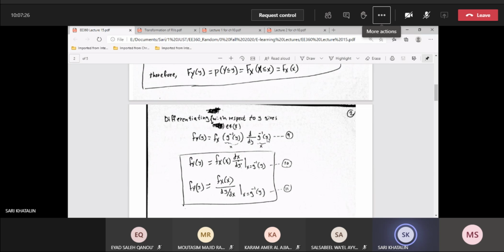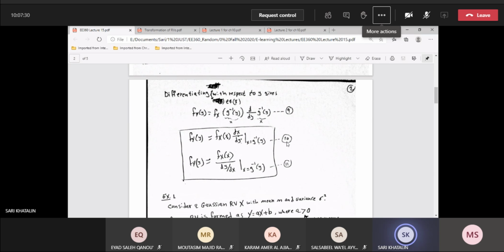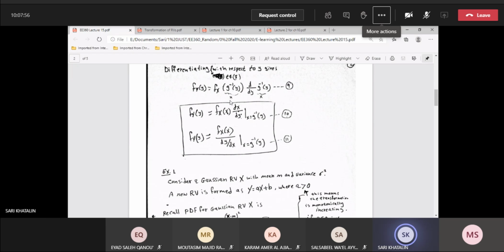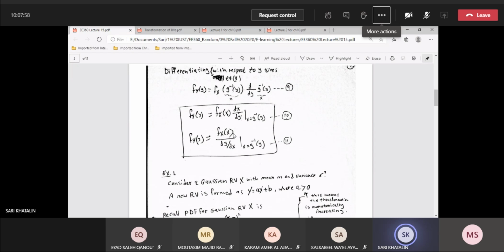So equation 9, we can rearrange as in equation 10 or equation 11. Both of them are equal. So we can take the PDF times the derivative of x with respect to y, where x is equal to the inverse function of y, or you just take the PDF and divide by the derivative of y, just reverse it. So these are the main results we are looking for.